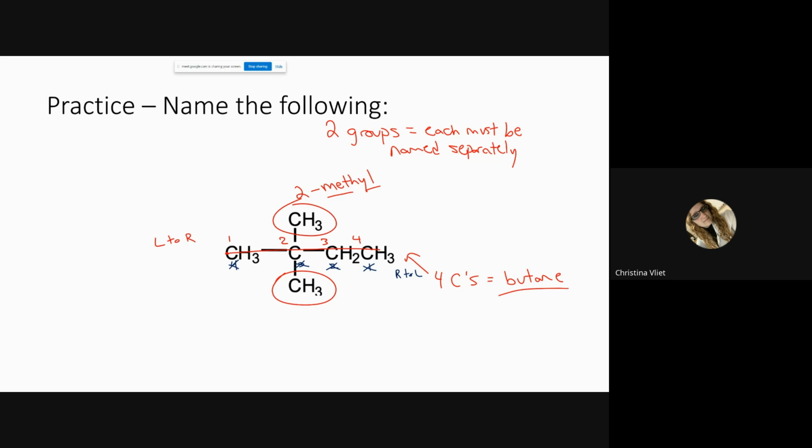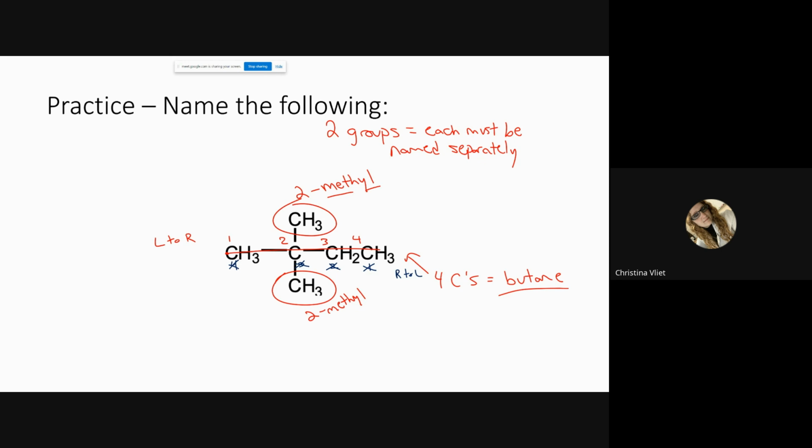What about this one down here? What's the name of this one? Same thing. So you should write it. And the reason why is because we now need rule 5. If there are 2 of the same type of substituent, group them together and write di in front. So what does that mean?